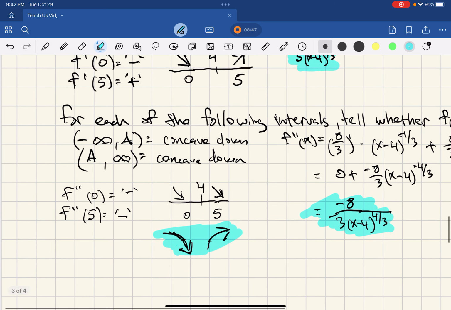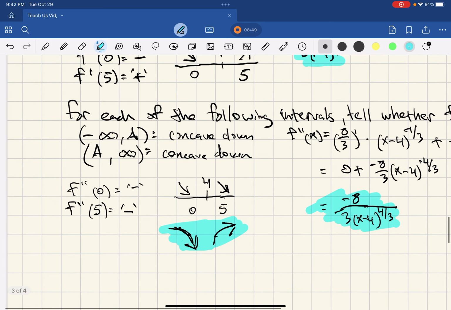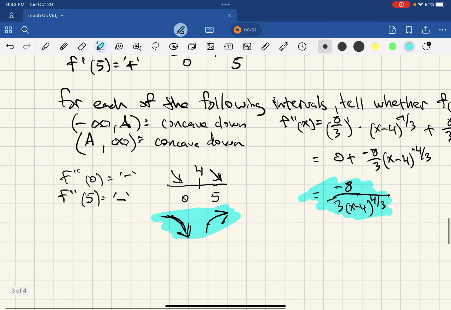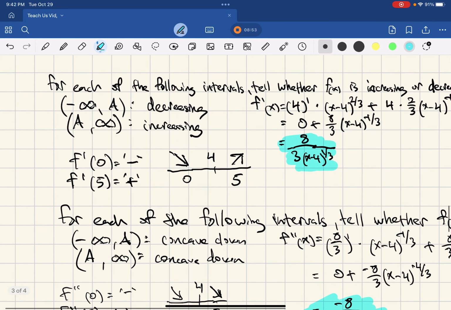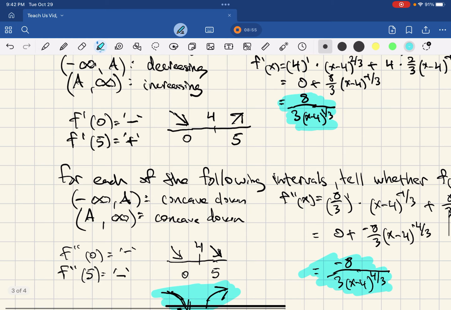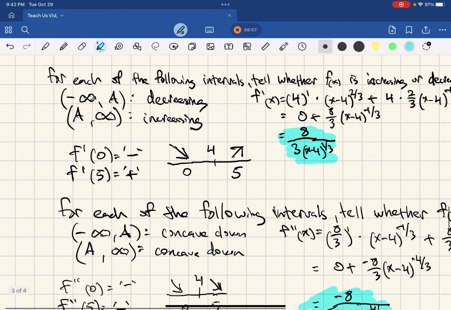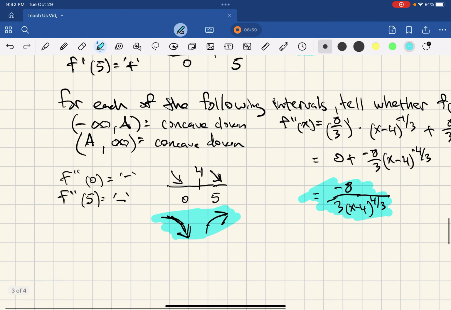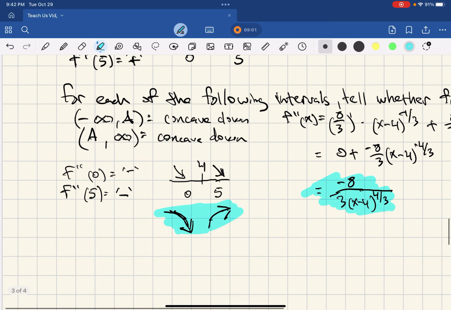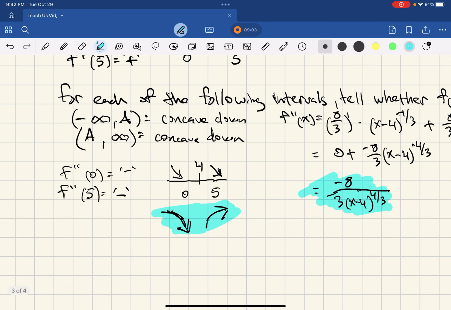For the interval where I picked 0, reading from left to right, it's decreasing and it's moving down, concave down. So this is what it looks like, which I'm going to circle.